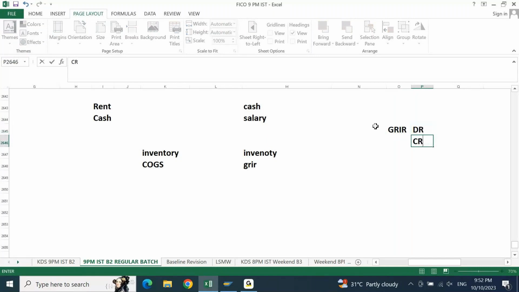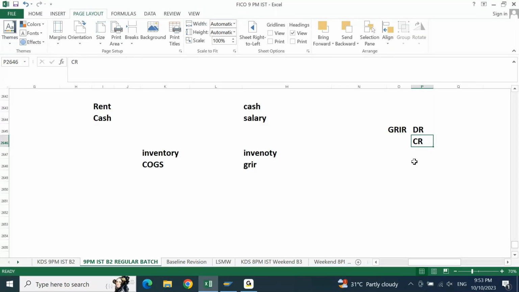When I say GRIR, I will be receiving debit and credit both, correct? I need to match debit with credit. Matching of this debit and credit I can call clearing.